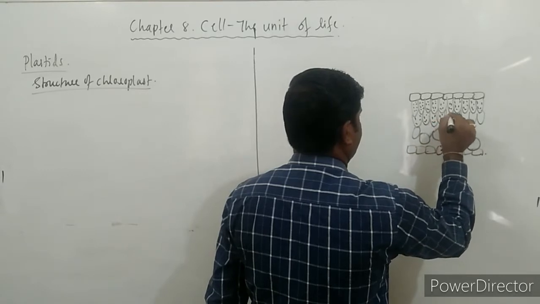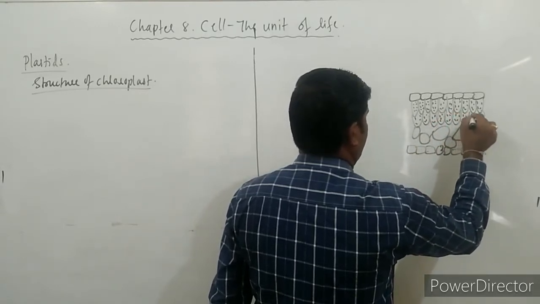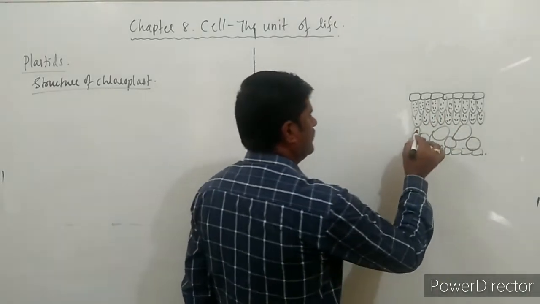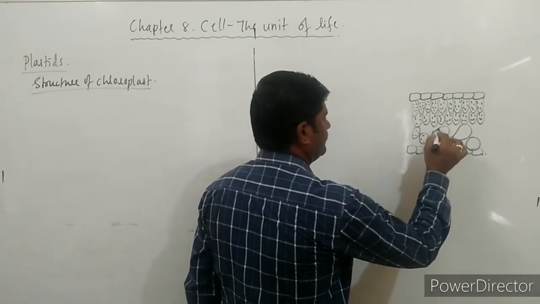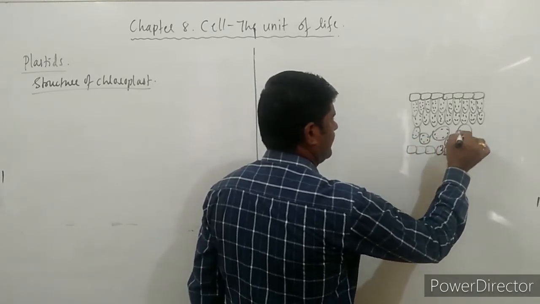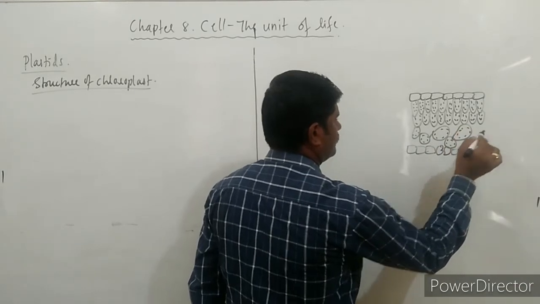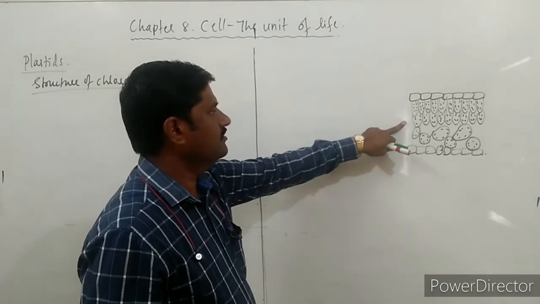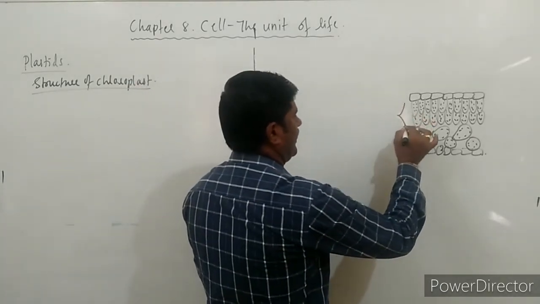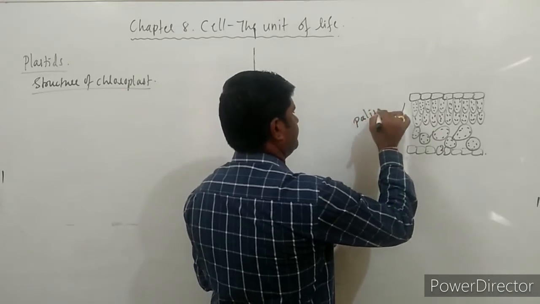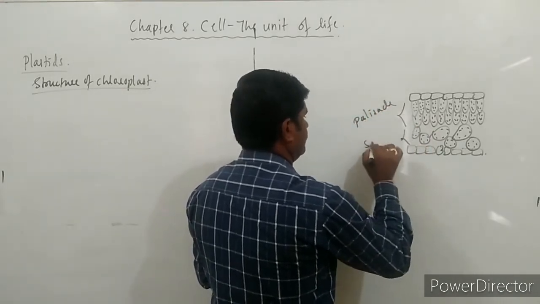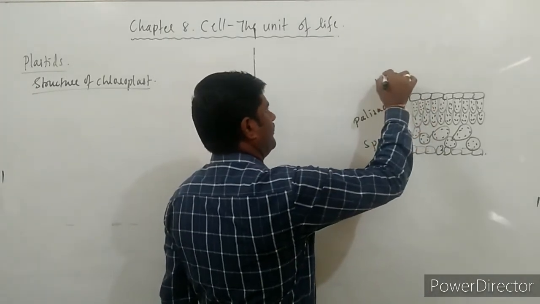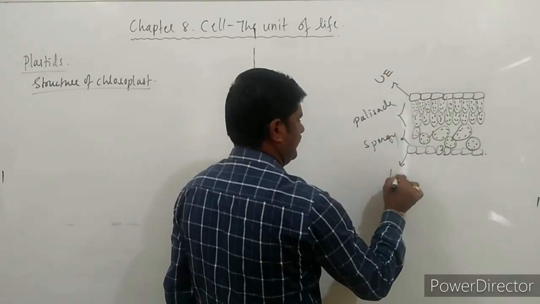See here, the number of chloroplasts is more in the palisade parenchyma and less in the spongy parenchyma, right? This is the palisade parenchyma, this is the spongy parenchyma, this is the upper epidermis, this is the lower epidermis.